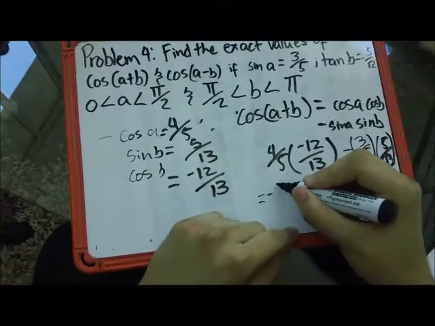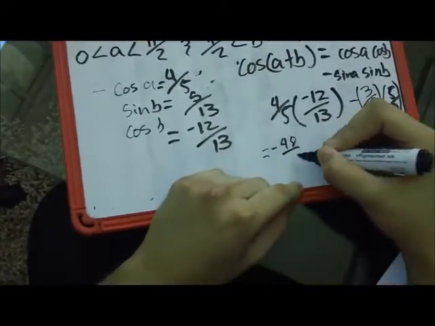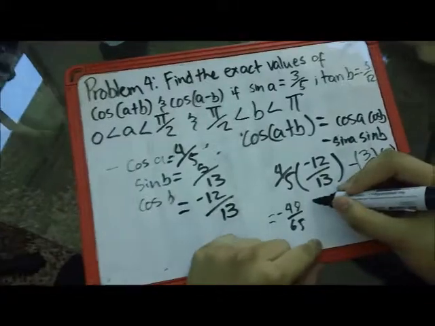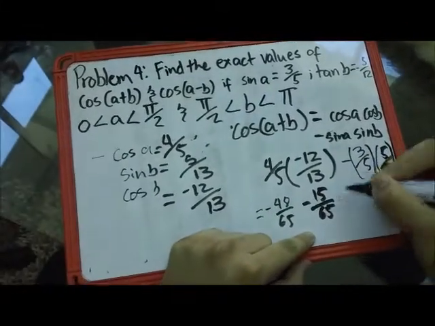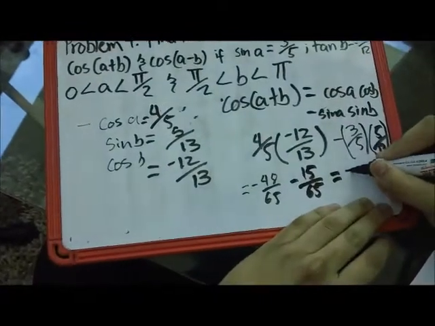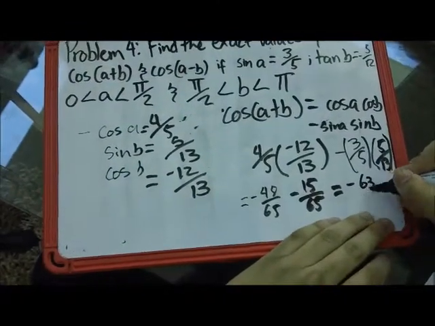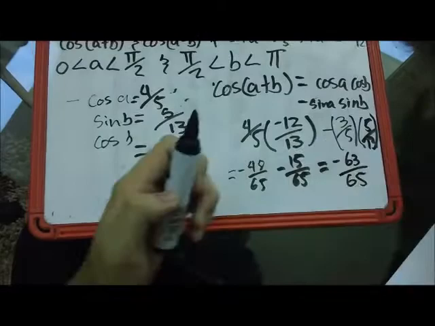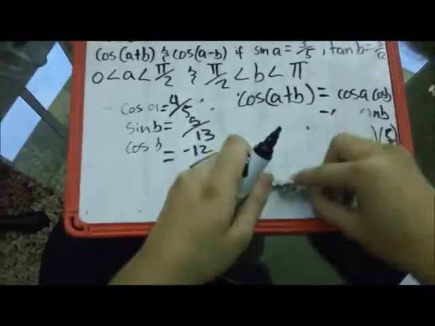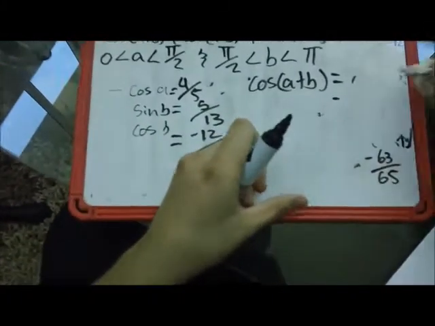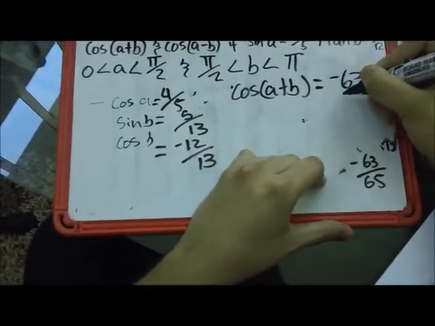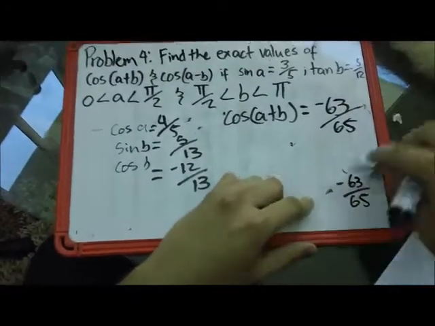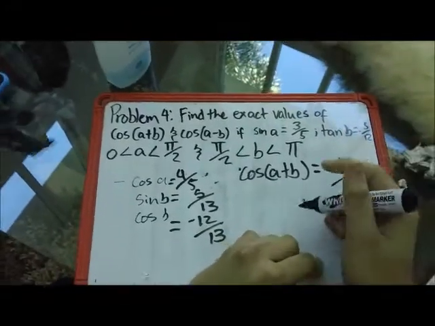So then after that, it's negative 48 over 65 minus 15 over 65, which is negative 63 over 65. So cosine A plus B is negative 63 over 65.